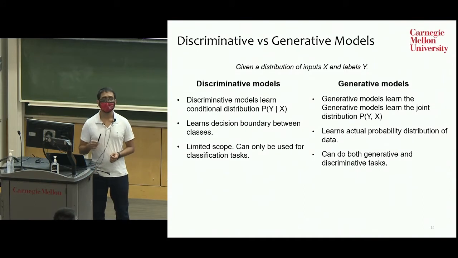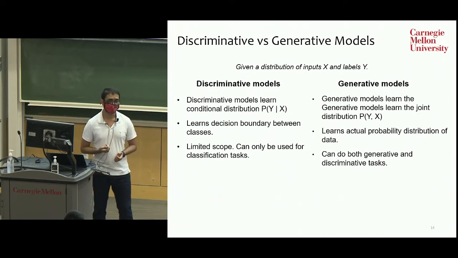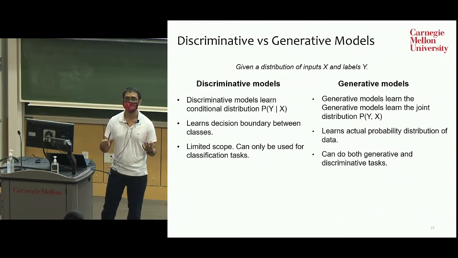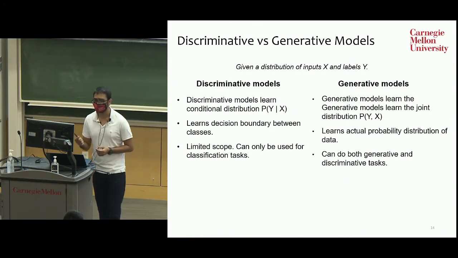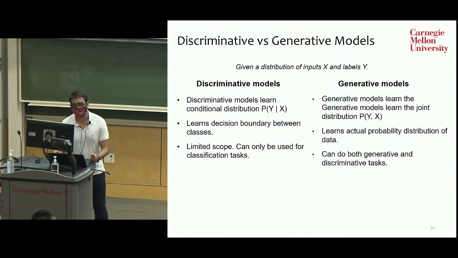But when you learn the joint probability, you can not just do classification, but also generative stuff. You can generate different data. That's the benefit of a generative model.